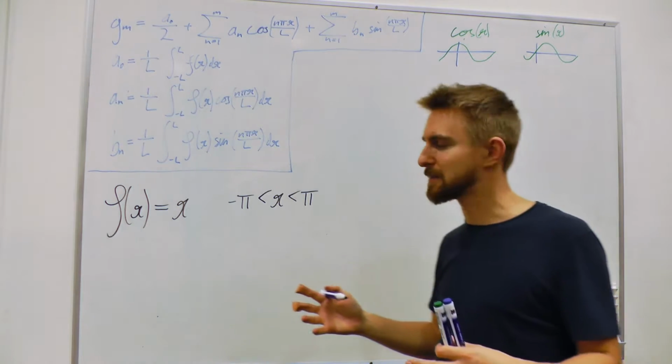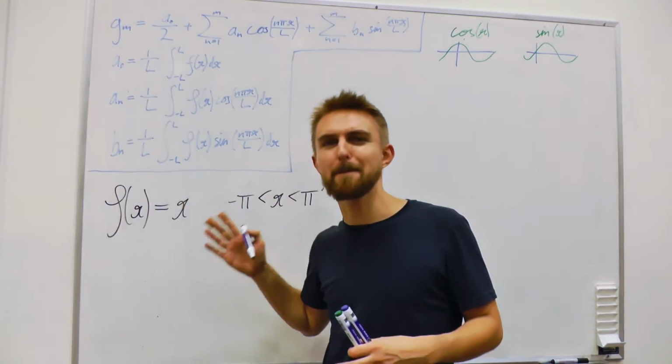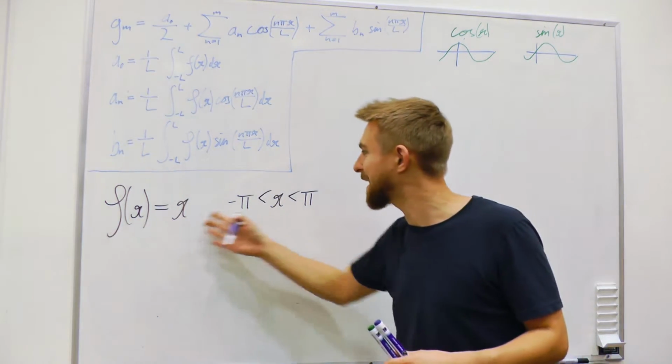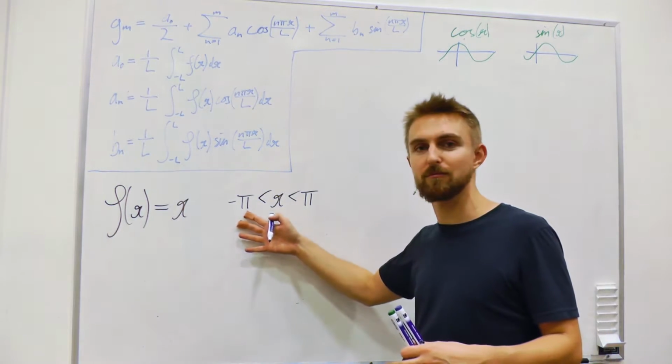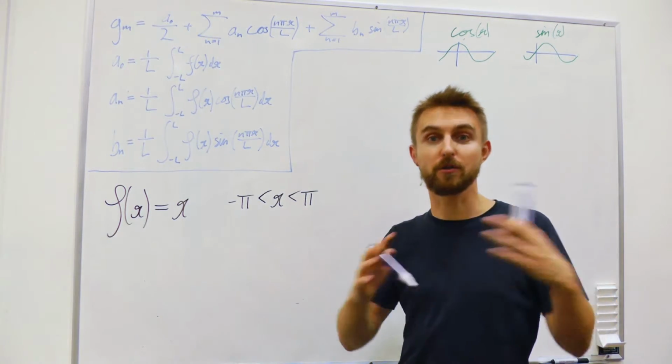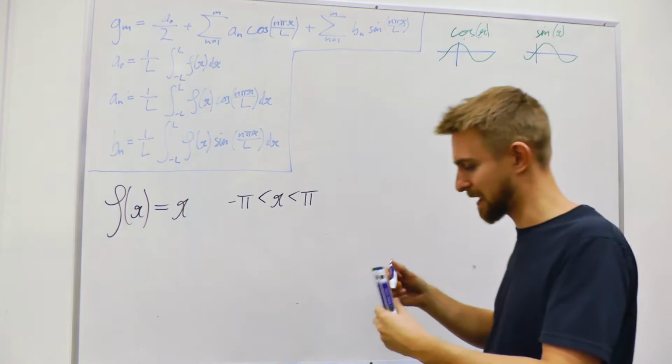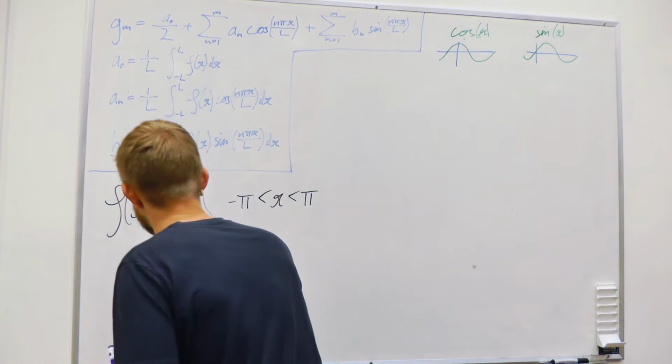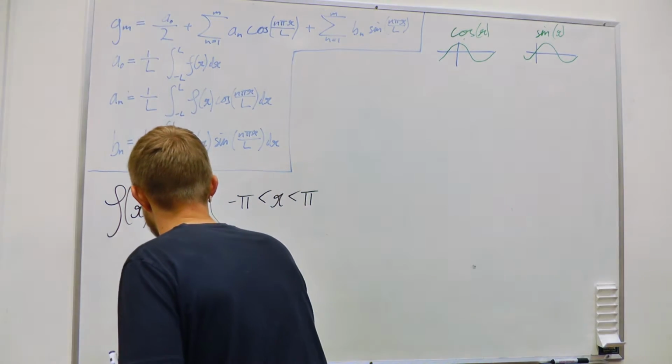Okay, f of x in the range minus pi to pi. And this is a periodic function, which means outside of this domain here, we are going to just repeat exactly the same shape again and again, which means it's going to look something like this.